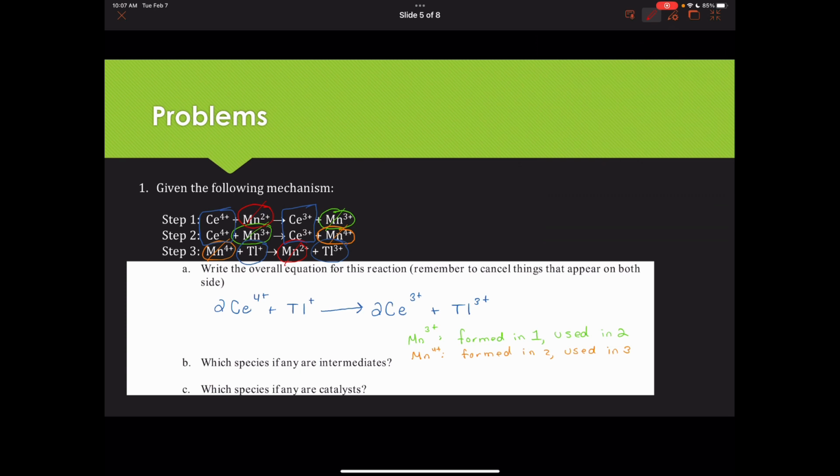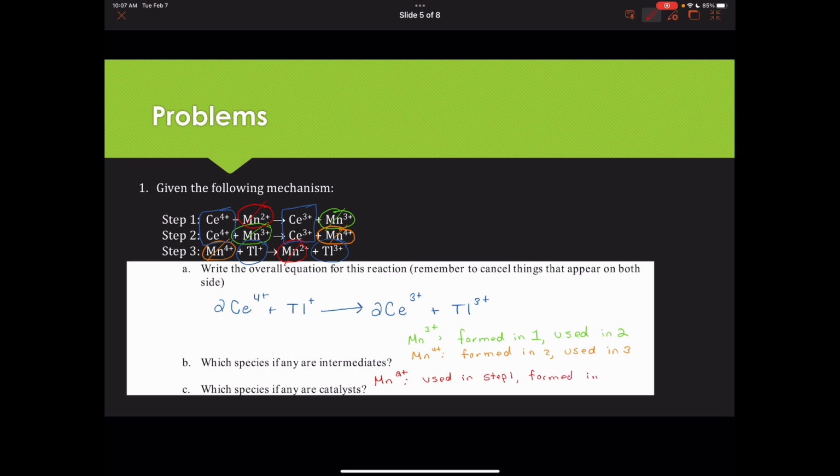Then we're asked to identify any catalysts. So catalysts are going to be, when we're looking at a mechanism, something that we added in an early step and it got reformed in a later step. And in this case, that's going to be the Mn2+. We used it as a reactant in step 1, and it got reformed in step 3.